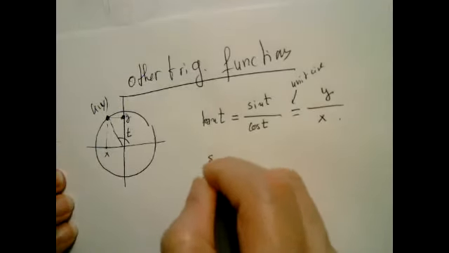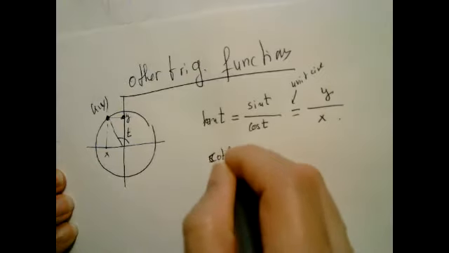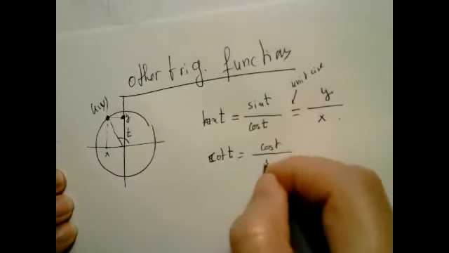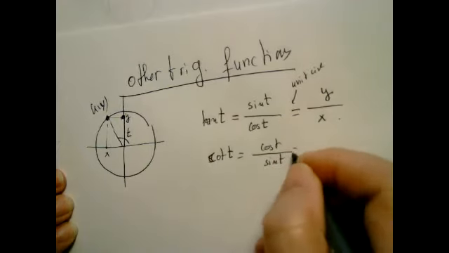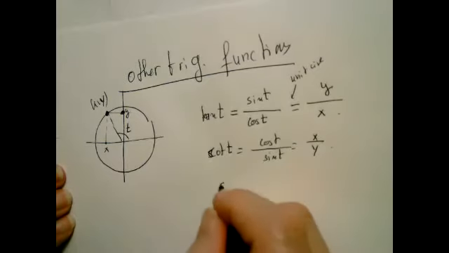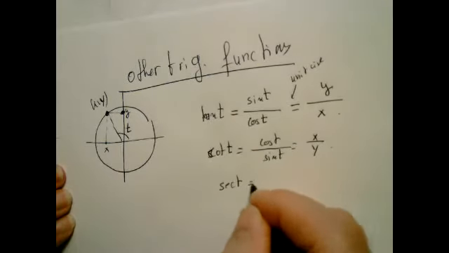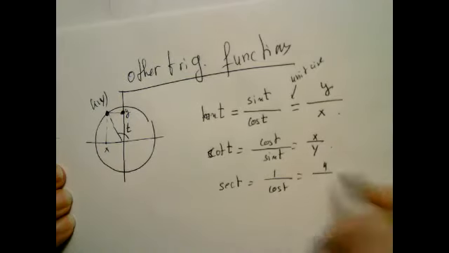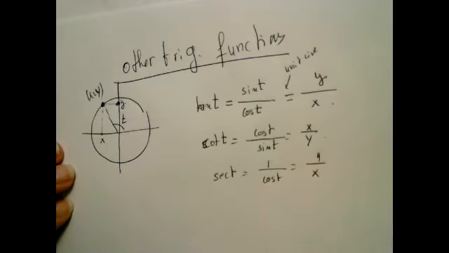Now other trigonometric functions are the cotangent, which is the cosine over the sine, which is the x over y. So these are the ones we use. Then the secant, 1 over cosine. It means 1 over the x coordinate. And immediately we know that sometimes the secant doesn't make sense when the x coordinate is 0.